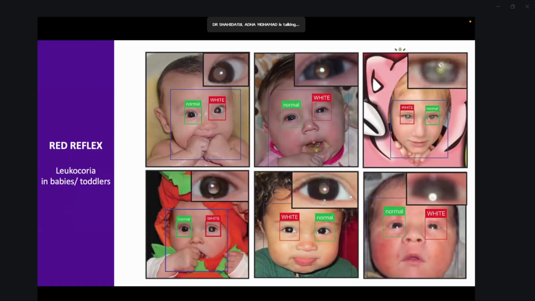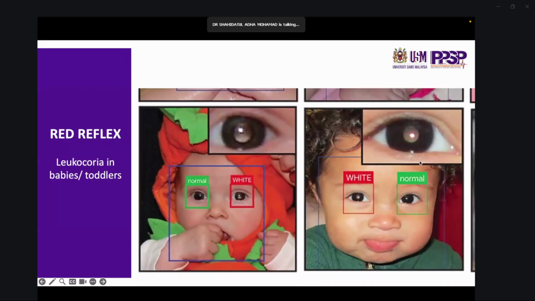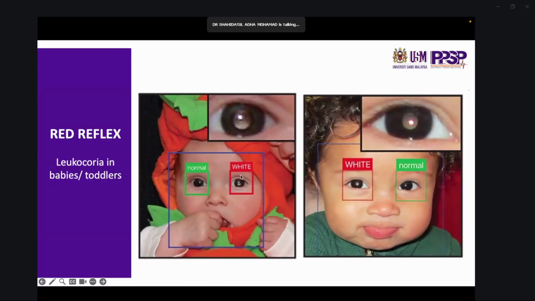Okay, these are collections of leukocoria in babies. So if you see here, this is a normal one. There's no glow here. That's why it is called leukocoria. It's white. Instead of glow, it appears white, as well as this one, and this one, and this one as well.